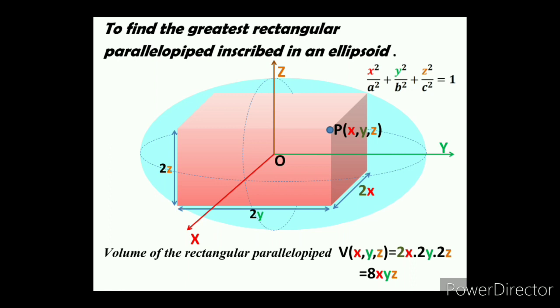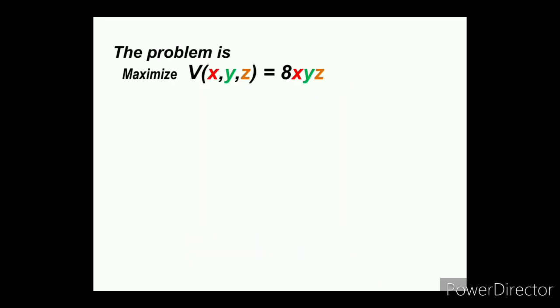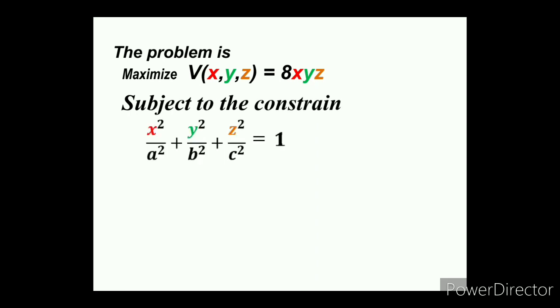So, the problem is to find the maximum value of V(x, y, z) = 8xyz, where (x, y, z) lies on the ellipsoid. That is, here the constraint equation is x²/a² + y²/b² + z²/c² = 1, which can be written as x²/a² + y²/b² + z²/c² − 1 = 0.